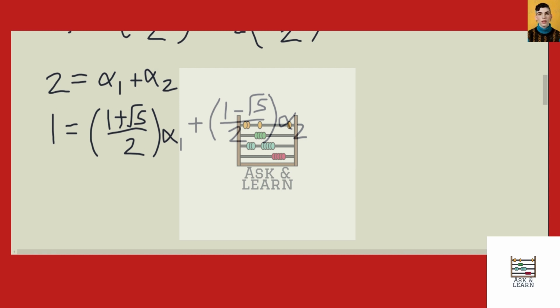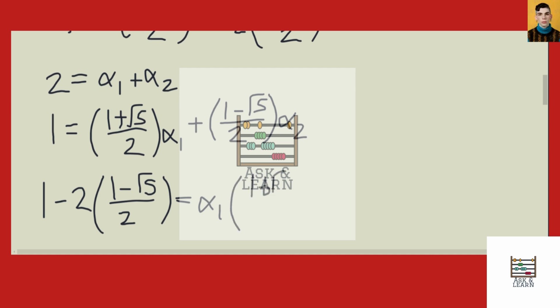So we get 1 minus 2 times (1 minus root 5)/2 is equal to alpha_1 times ((1 plus root 5)/2 minus (1 minus root 5)/2).